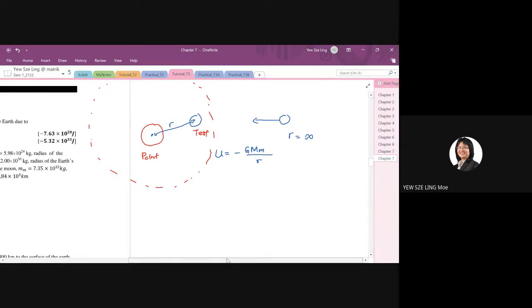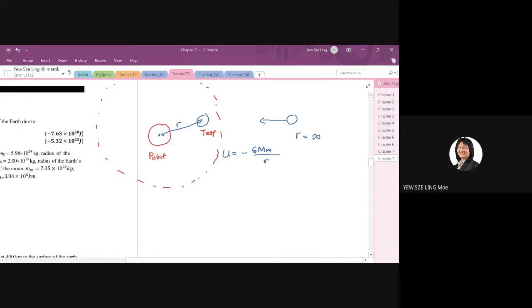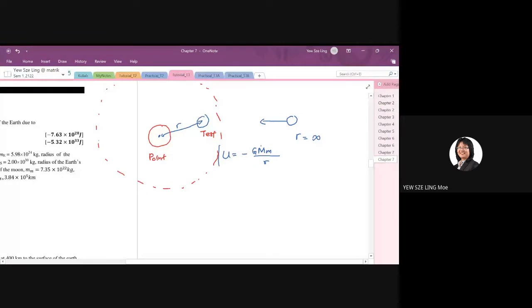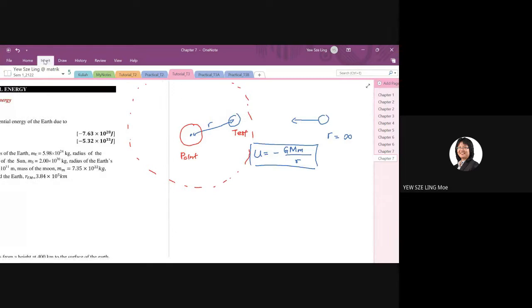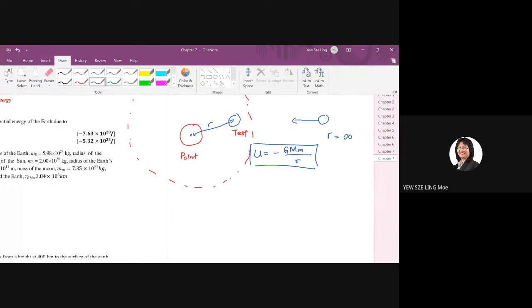So you bring it from infinity, place it inside the field, and this is the amount of work that needs to be done to move it from infinity into the field. Now, sometimes you don't have to move it from infinity.